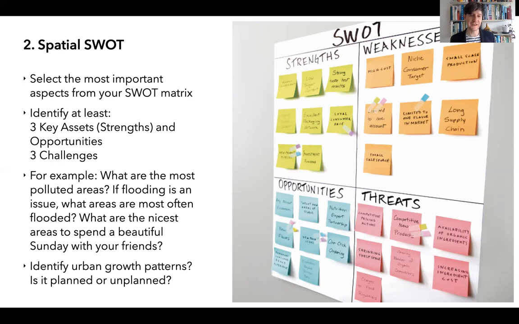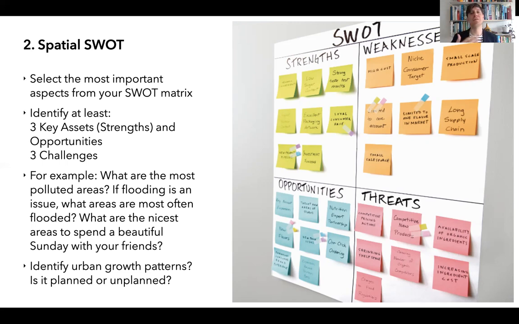You should also put, I think, the nicest areas. So put some hearts maybe to show where you like. On the weekend, what parts of the city would you go to meet your friends or to go out with your family? What would you say are the most beautiful parts of your city? And on this map as well, identify the urban growth patterns of today.